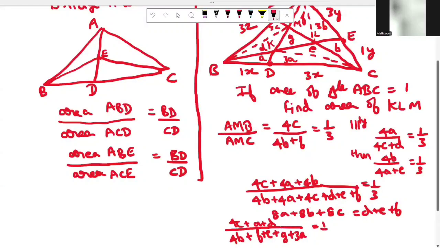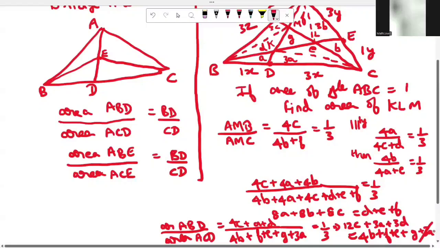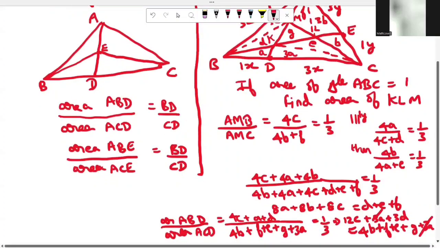So they should also share the same ratio of 1 by 3, and this is about the area ratio of area of ABD to that of area of ACD. If we cross multiply this, we get 12C plus 3A plus 3D is equal to 4B plus F plus E plus G plus 3A. So 3A on either side gets cancelled off.